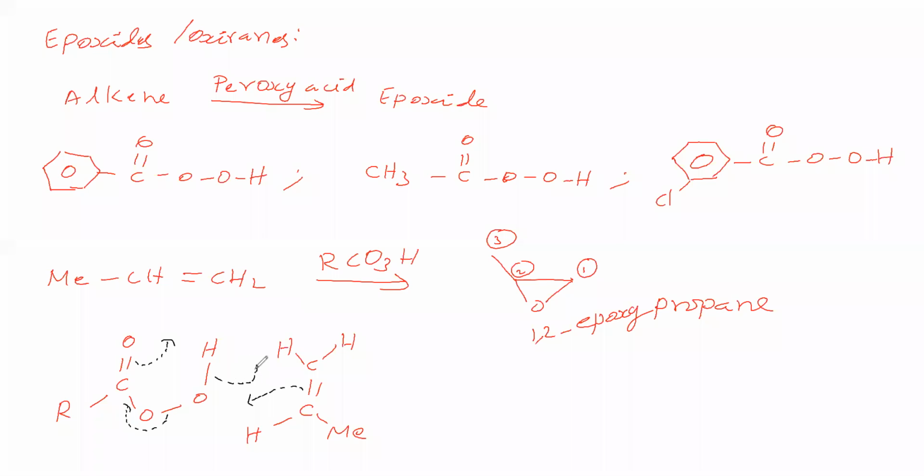This oxygen takes this bond and makes a bond with this carbon. This pi bond is shifting, forming with this oxygen, therefore it becomes O minus. This hydrogen loses this bond so that it becomes H plus. This H plus is combining with this oxygen.